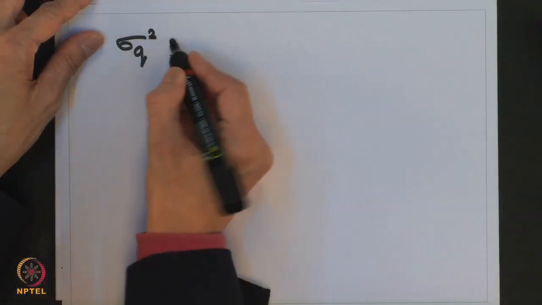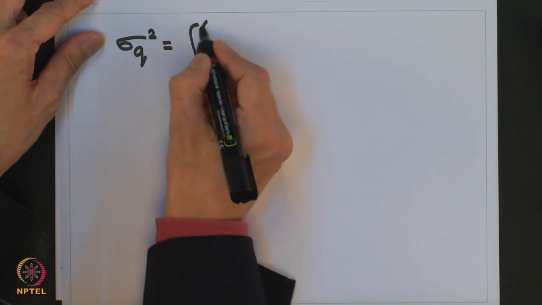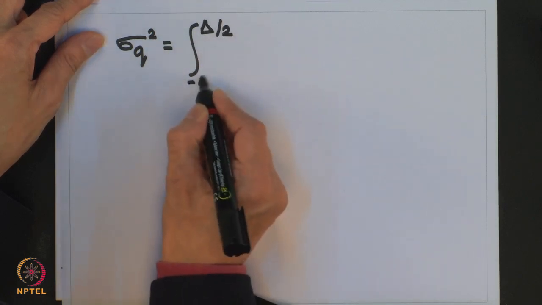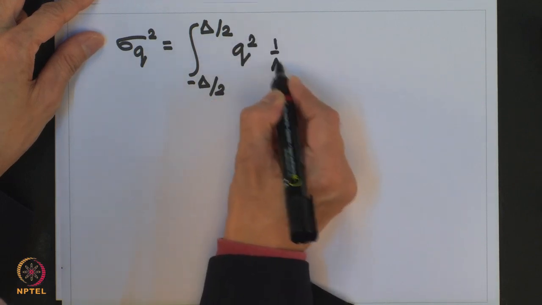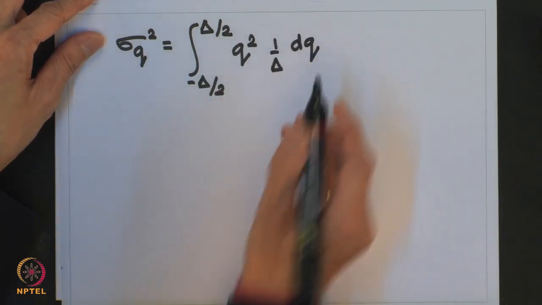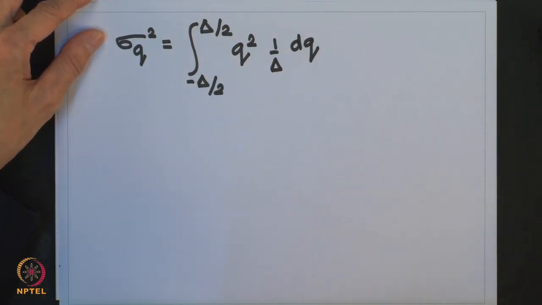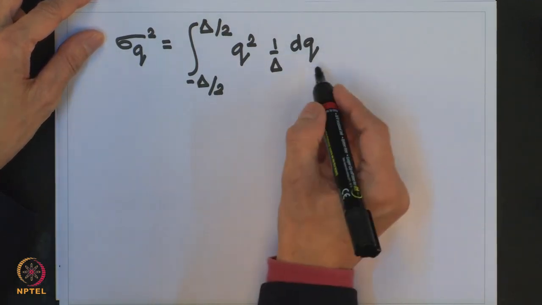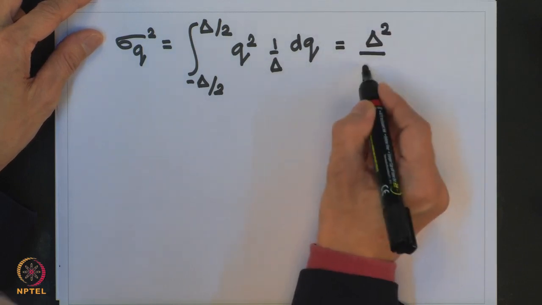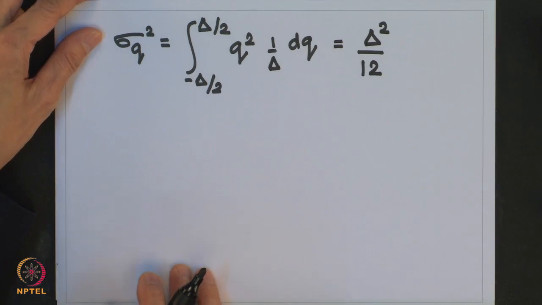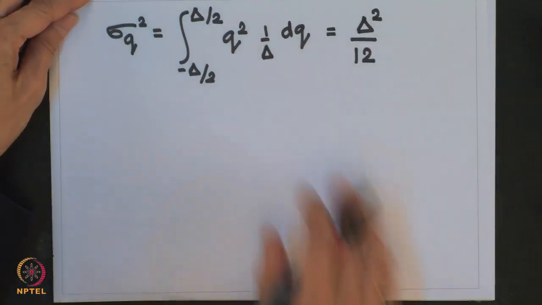So, now the result is, from this I get delta squared by 12. Correct? So, this is the quantization noise.